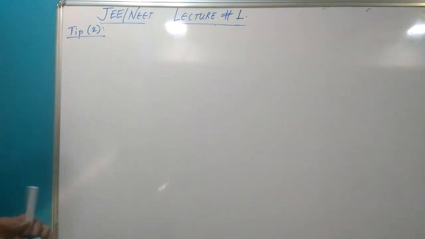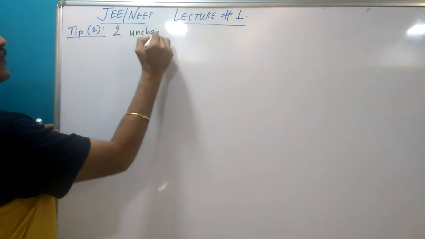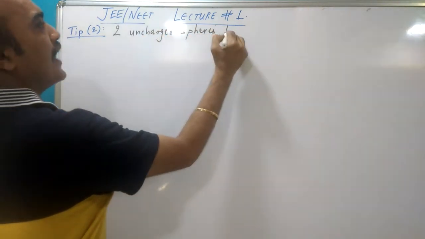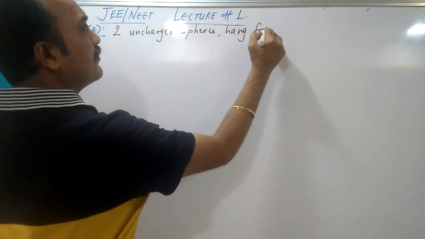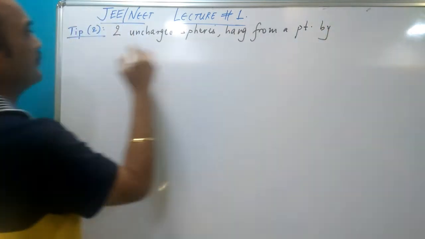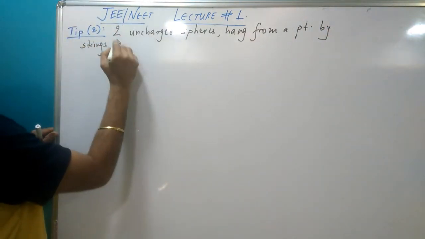They have told me that there are two uncharged spheres. I'm giving you the broad data. They hang from a point by strings of equal length.